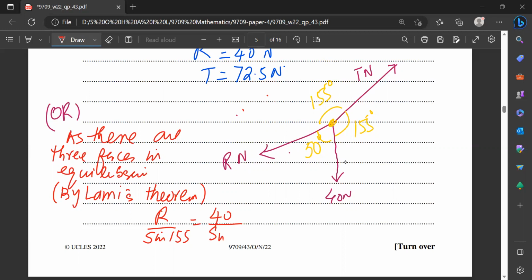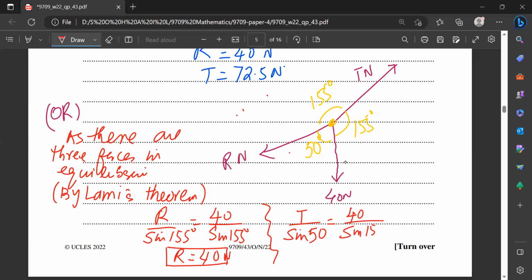So again, 155 degrees. So clearly sine 155 cancels, and we have R straight away, just in one line you can get this answer. So R newtons is the tension of the string, and T over sine of the angle between the other two forces, 50, is equal to 40 over sine of the angle between the other two forces, 155.